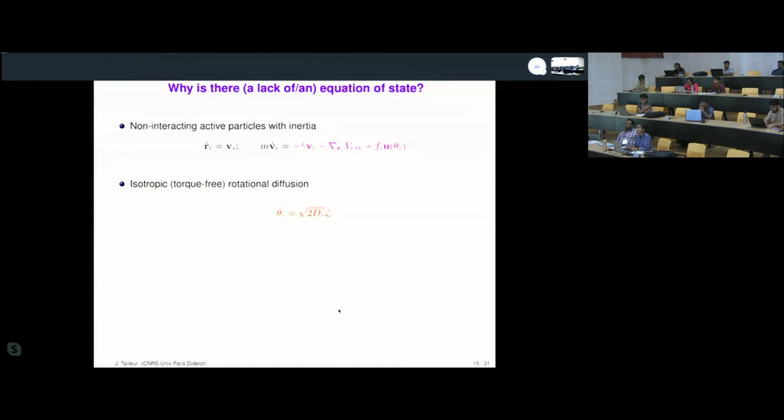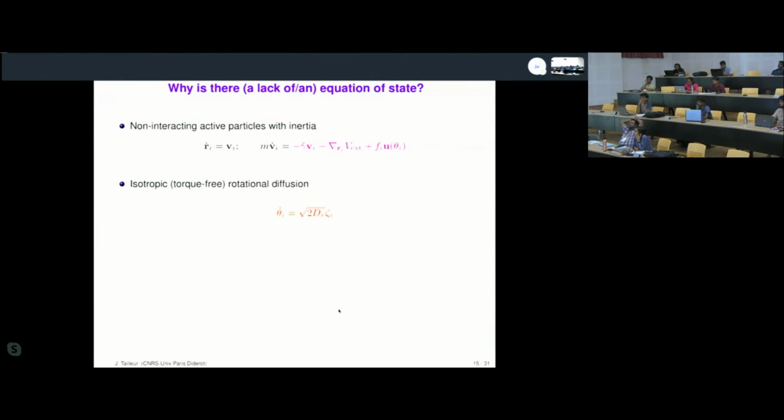To discuss pressure and momentum conservation, the easiest way is to go back to an underdamped system, so a system with inertia. If you take an active particle with inertia and you look at its dynamics, what you get is simply Hamilton's equations of motion. So you get that r_i dot is the velocity, and that mass times acceleration is the sum of forces. Typically you'll have damping, which I will take linear here.